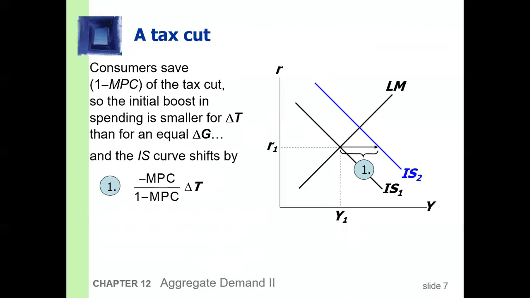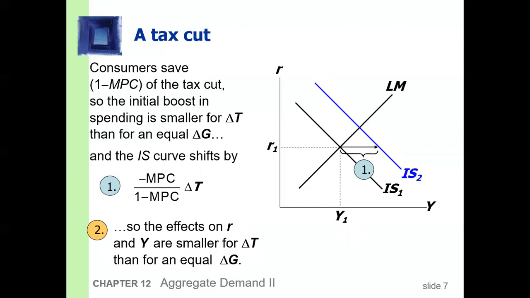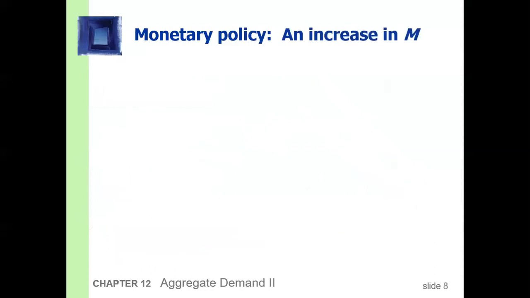If you go back in the video to the previous graph, you can see that the amount of change from the tax cut will be smaller than the amount of change because of the government spending. Then the effects on the interest rate and the output are smaller for the change in taxes than for an equal change in government spending. Okay, this is for the fiscal policy, the government spending and tax.